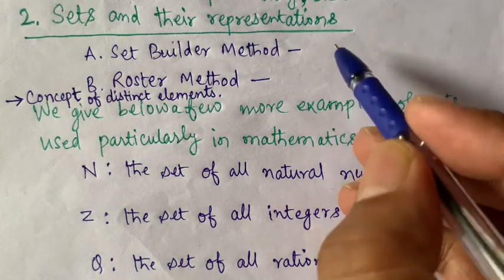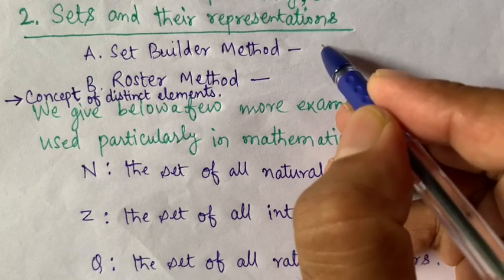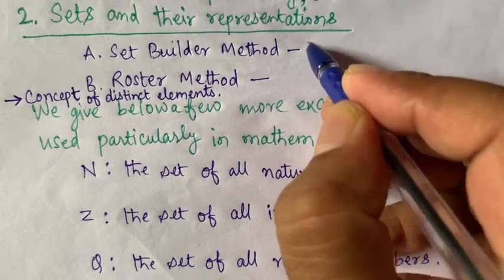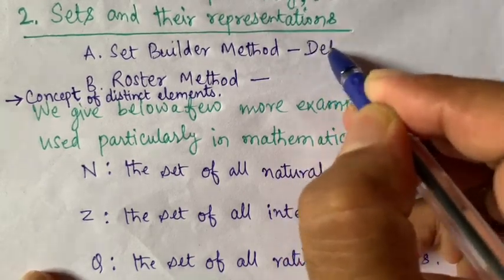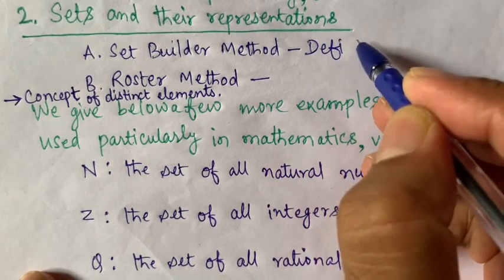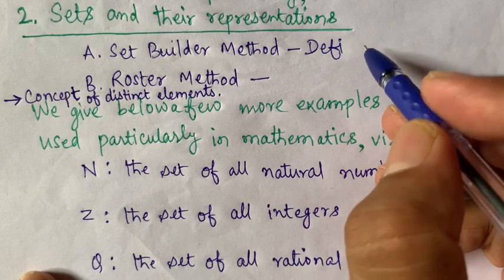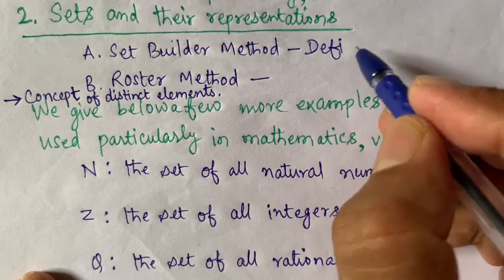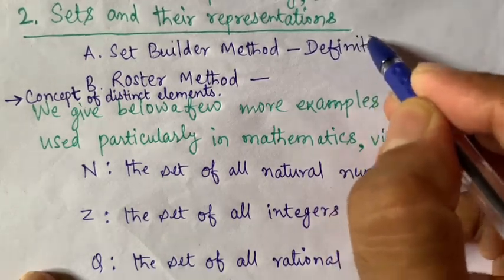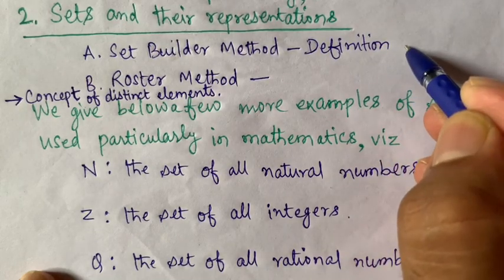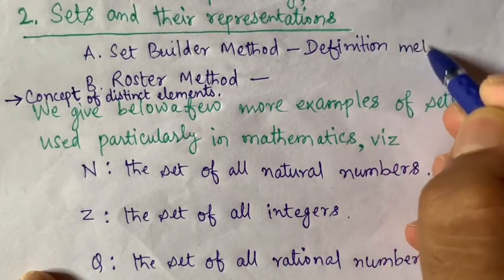Set builder method is also known as definition method, as we write the definition of the set there. Actually we write definitions such that all the elements are represented by that definition. So it is known as definition method as well.